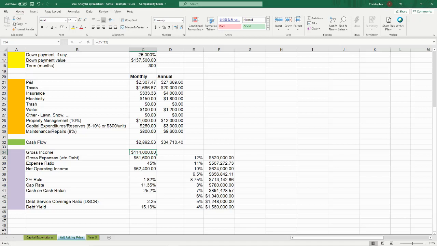But by and large, income is mostly going to come from rental and lease payments, whether it's a multifamily apartment building, a shopping mall, a retail store, an industrial factory or park, or a restaurant. All those real estate assets still have a tenant, and the tenant pays rent or a lease payment in order to use the space. So in this example, $114,000 is that income.